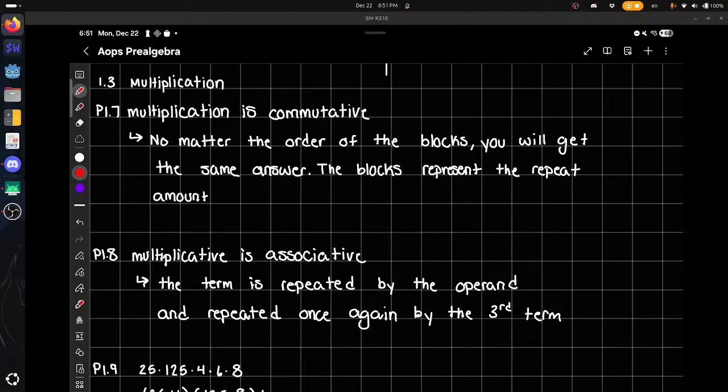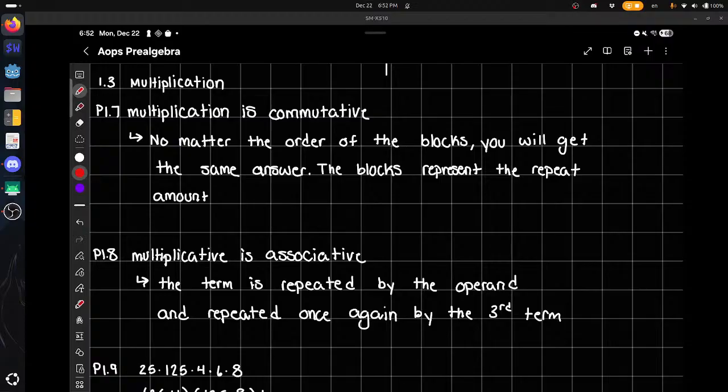From what we learned in the addition sections, if the orientation doesn't matter, then you can conclude that this operator, the multiplication operator, is commutative. Yep, in other words, multiplication is commutative as with addition.